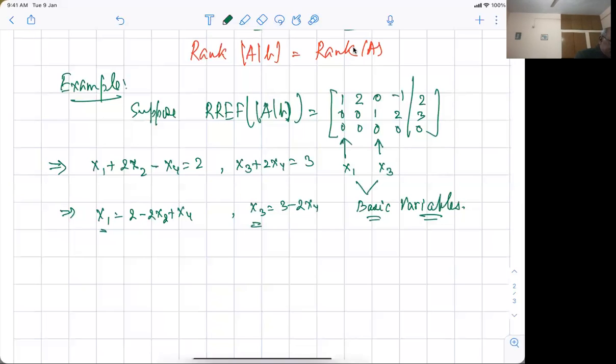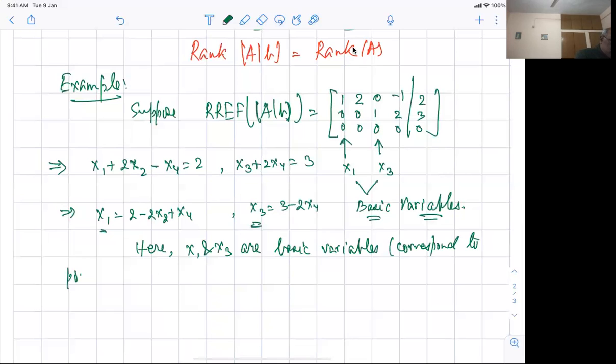So here x1 and x3 are basic variables, corresponding to pivotal columns. Fine. Basic variables, and x2 and x4 are free or non-basic variables.